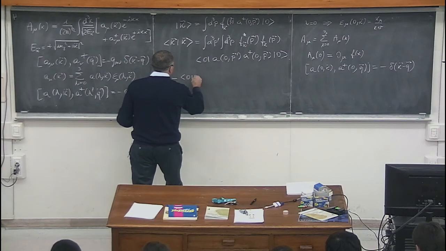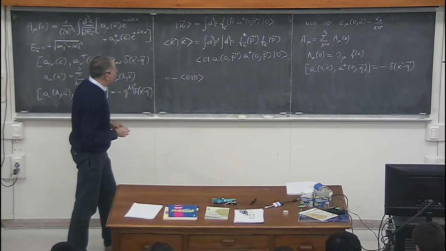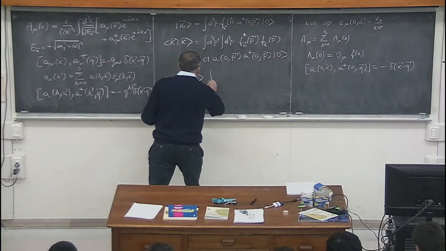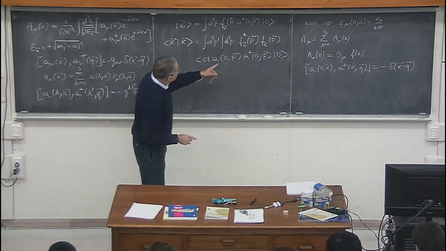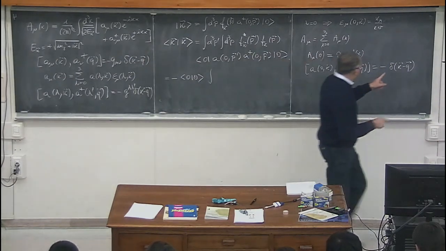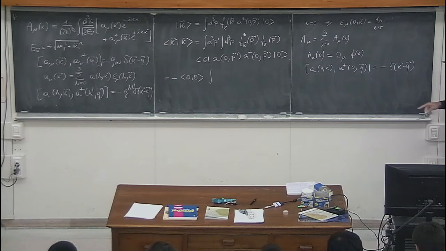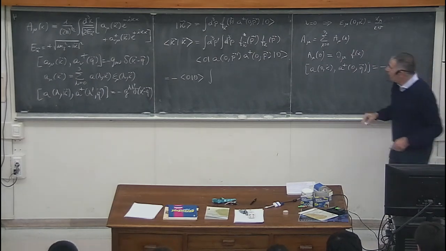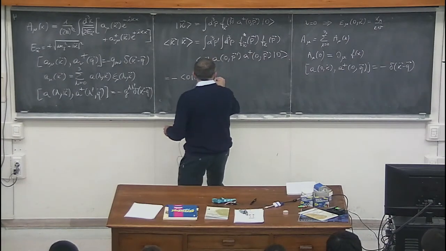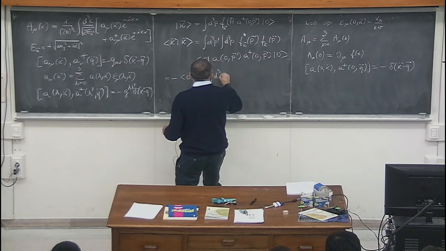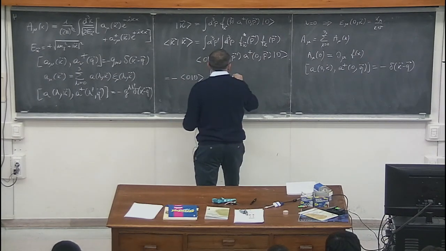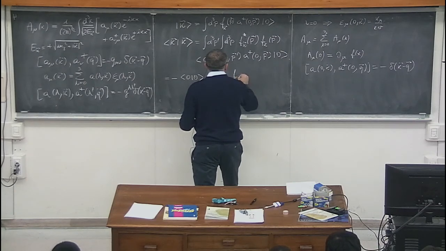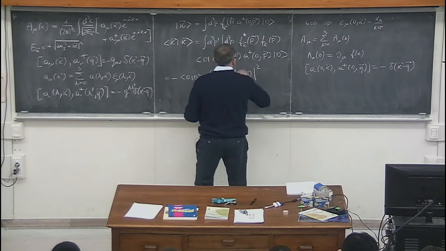the norm of the vacuum state, times integral. There is a delta function p minus p prime, which allows us to perform immediately, for example, the integral over p prime. And this gives the integral over d3p times modulus squared of f k of p.